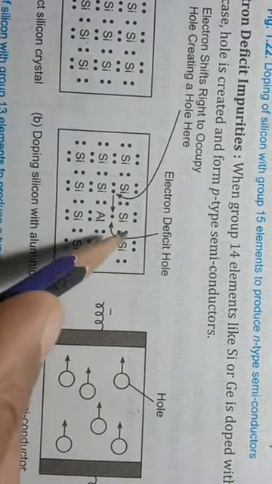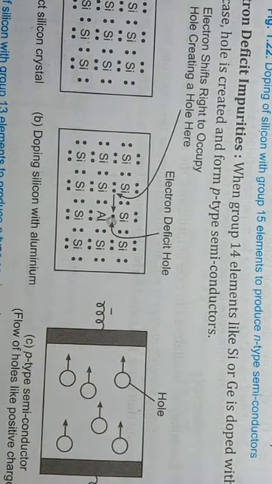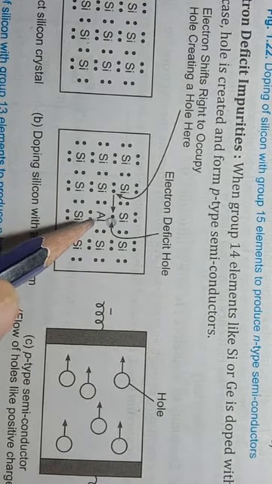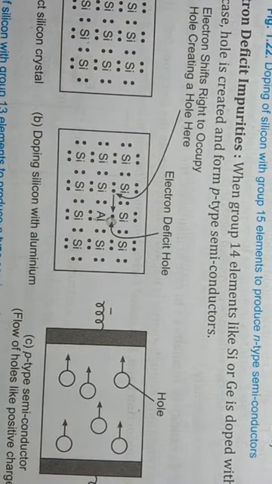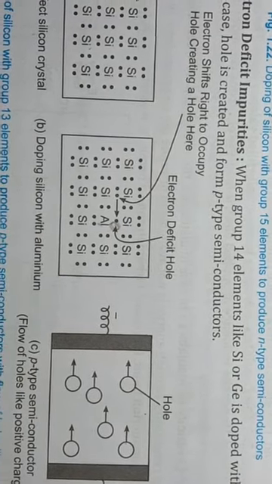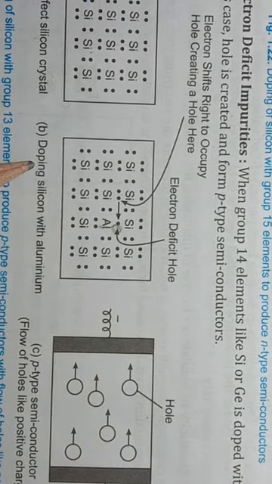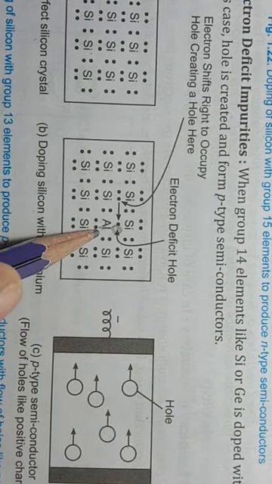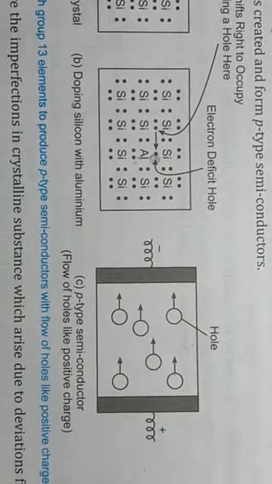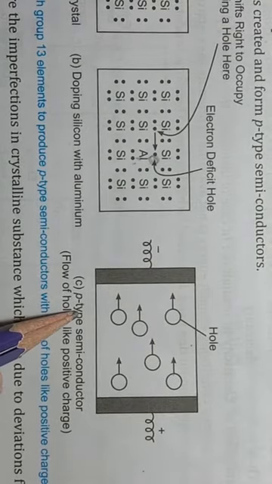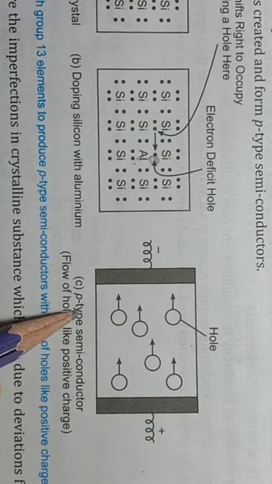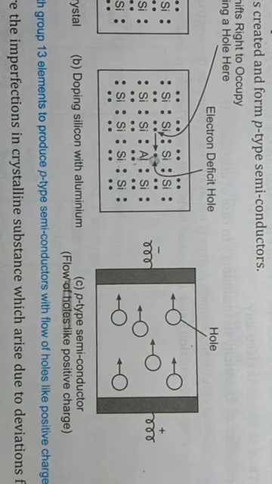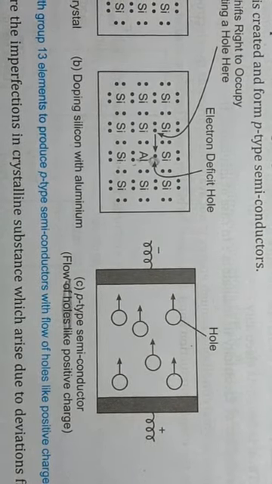So one hole will be found here, due to the one less electron in the outermost shell of the aluminium, and this hole will be responsible for the increase in the conductivity of this silicon doped with aluminium. Due to the presence of extra holes which are responsible for increased conductivity, such semiconductors are known as p-type semiconductors or positive semiconductors.